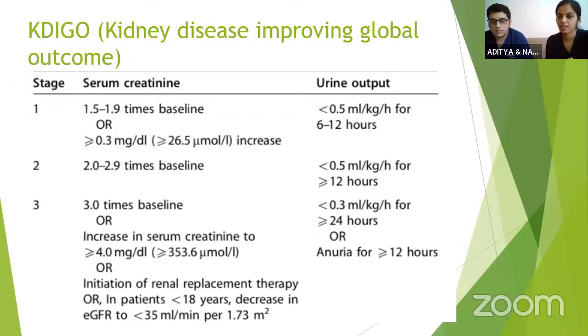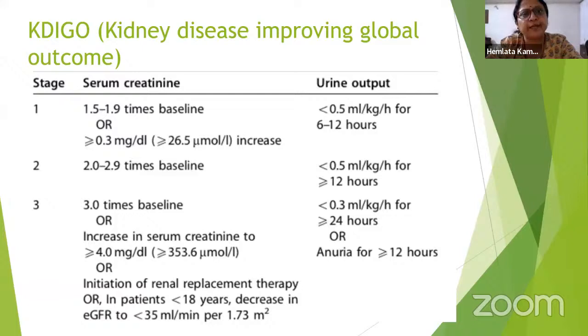The rise in creatinine is observed once almost 50% of the glomerular function is declined. It is almost 50% of the GFR that is reduced. So it is not a very reliable marker for early detection of kidney compromise that is occurring. So urine output as well as creatinine are not very good.